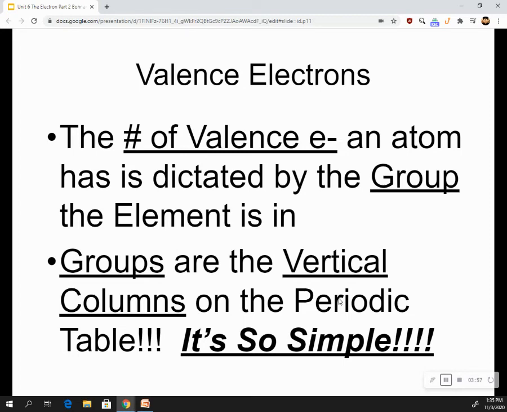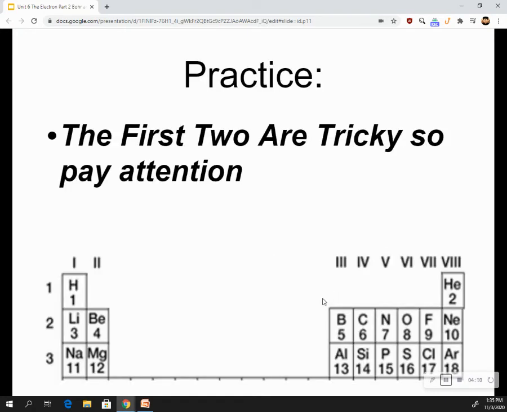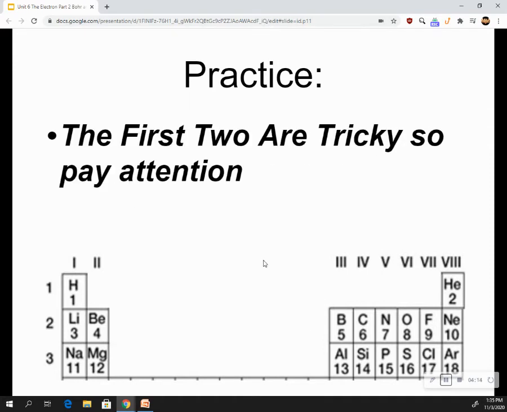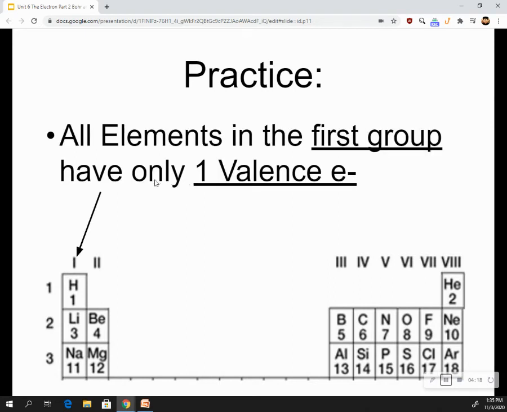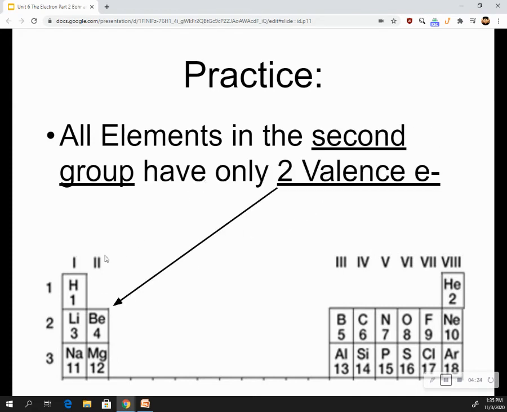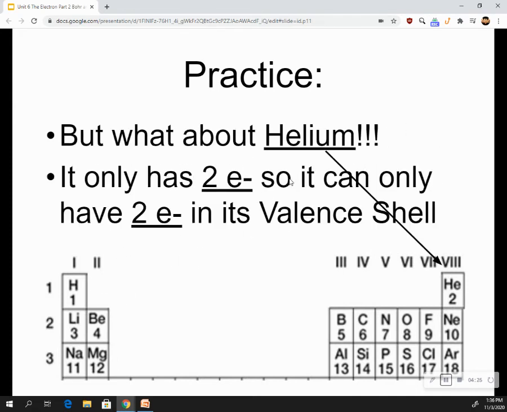Groups 1 and 2 have 1 and 2. Then we go to 13, 14, 15, 16, 17, 18. They all have the same amount as the second number in their group number. So the first 2 are very tricky, so pay attention. First group, 1 valence electron. Second group, 2 valence electrons.